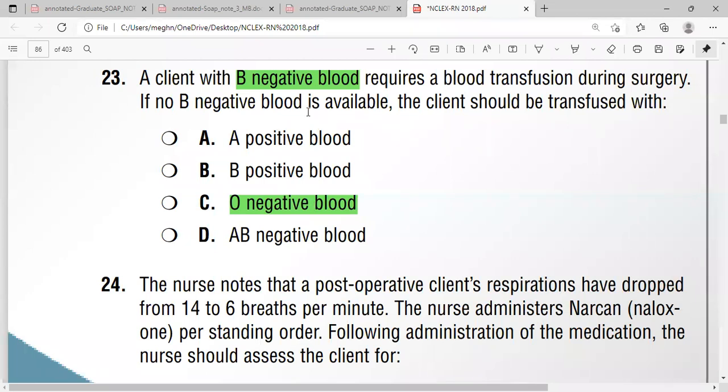So answers A, B, and D are incorrect because they can cause a reaction that can prove fatal to the client.